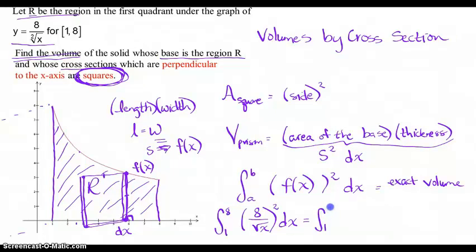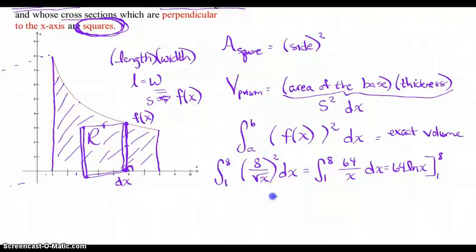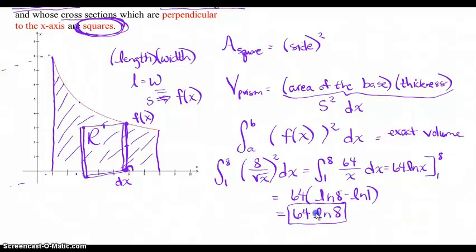So this is the integral from 1 up to 8. 8 squared is 64, square root of x squared is x, and that is dx. So the antiderivative, 64 times the natural log of x, and we are integrating from 1 to 8. Give myself a little more space here. And so we have 64 times the natural log of 8 minus the natural log of 1. So our exact volume is 64 natural log of 8.